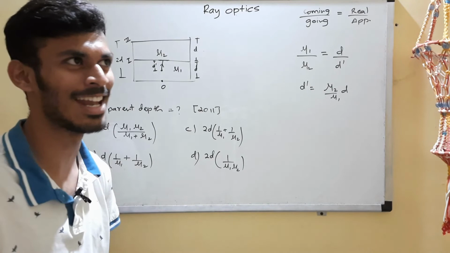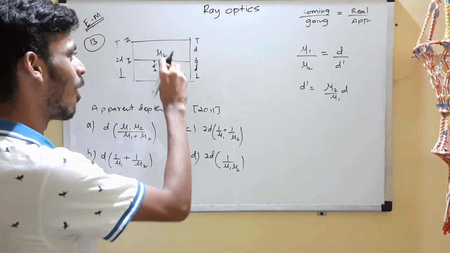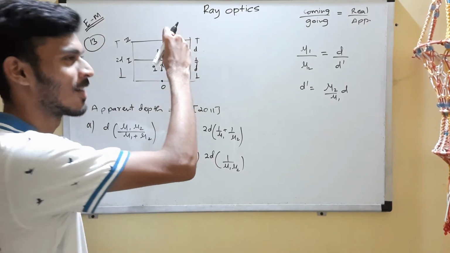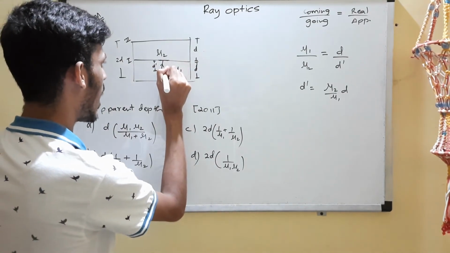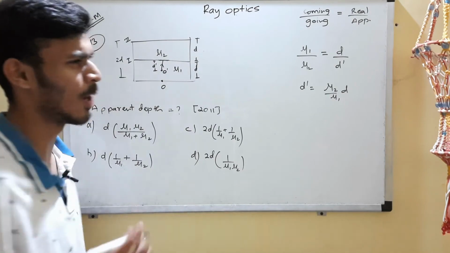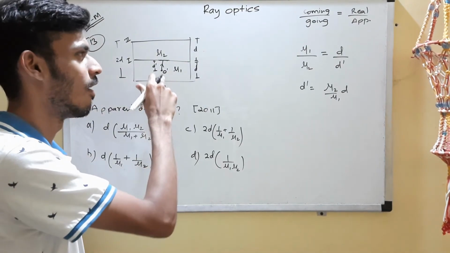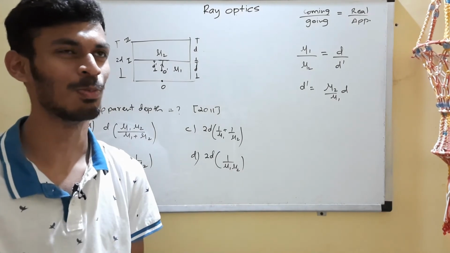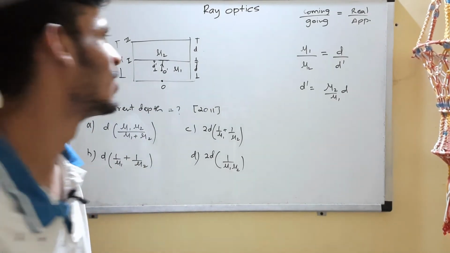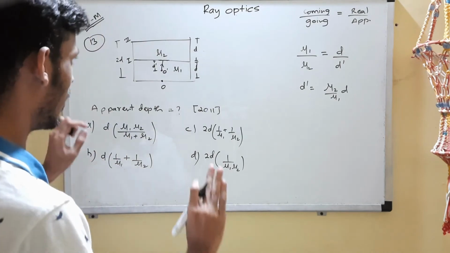I'll say that again: the image of the object will act as the object for the second liquid. So we have our object, I'll write it O dash, because this image is acting as the object for liquid 2. I know that confuses you a lot, but we'll see where we have to use it.